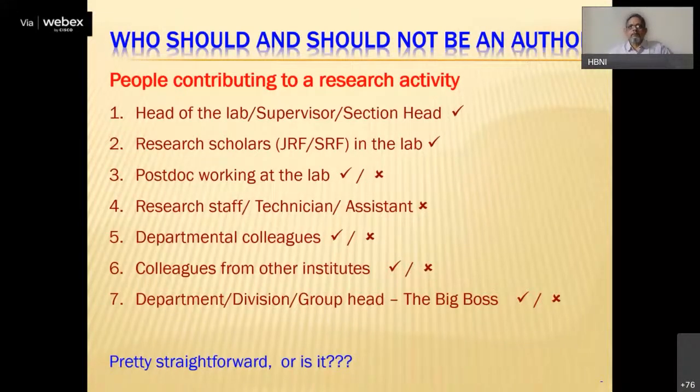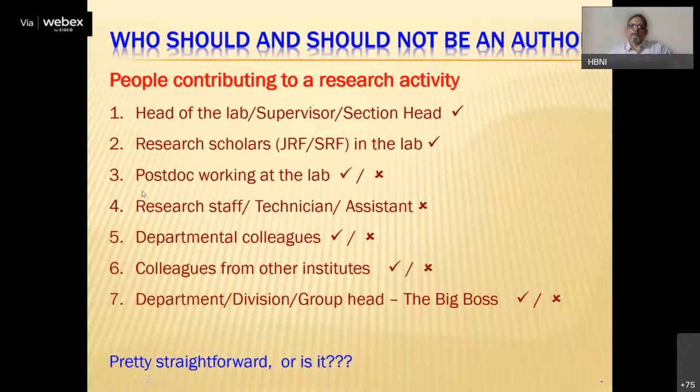Now, definitely the first two people in the list qualify to be authors because the principal investigator designs the experiment, and then the research scholars most probably carry out the experiment, and they are also involved in the writing of the manuscript and all the other qualities which I talked about.